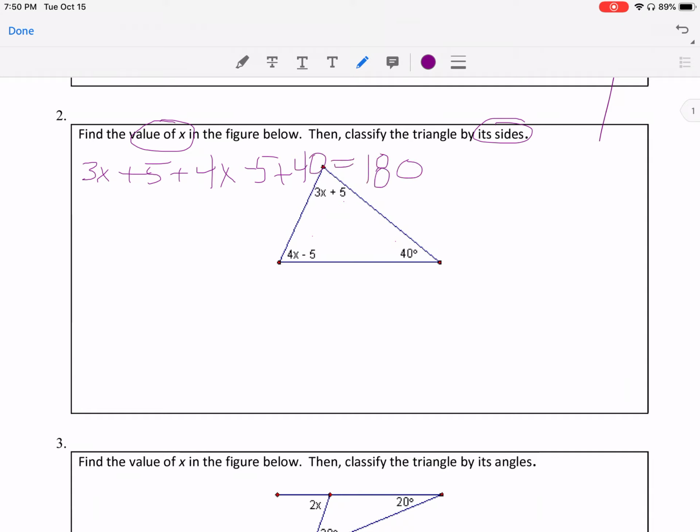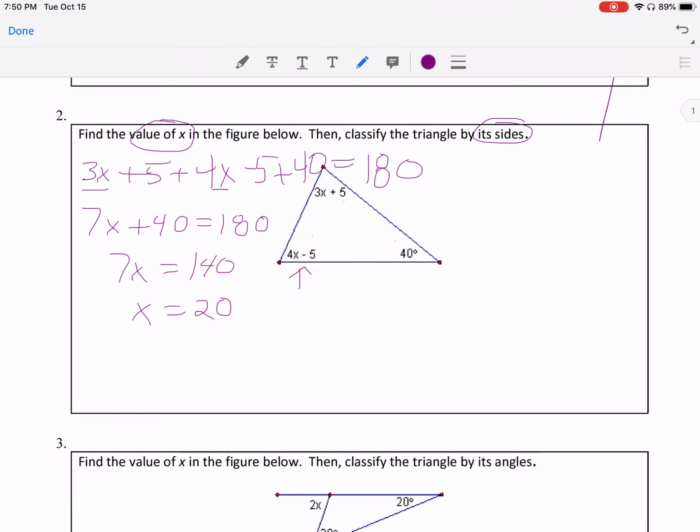So 3x and 4x, that's 7x plus 40 is equal to 180. 7x is equal to 140. So x had to be 20.